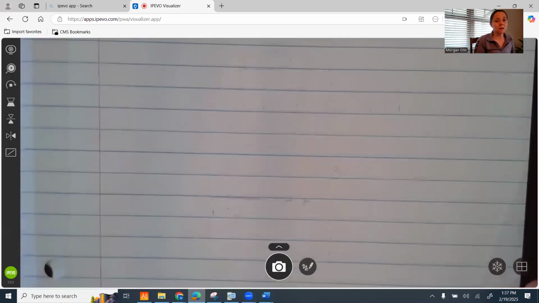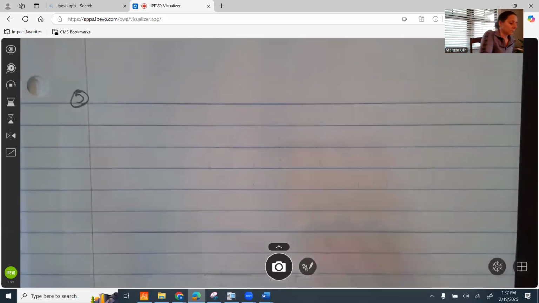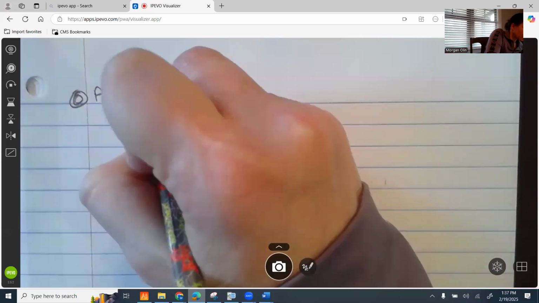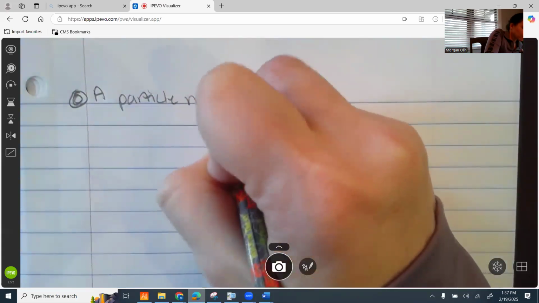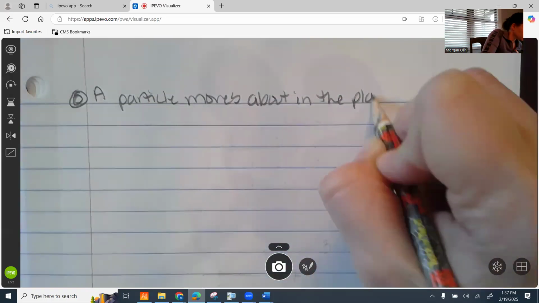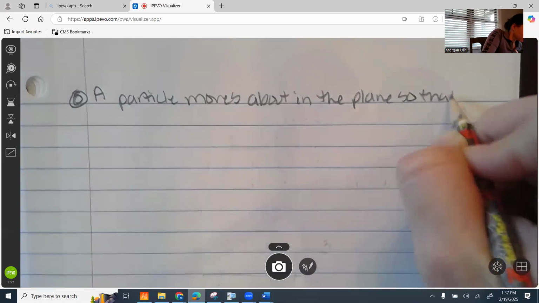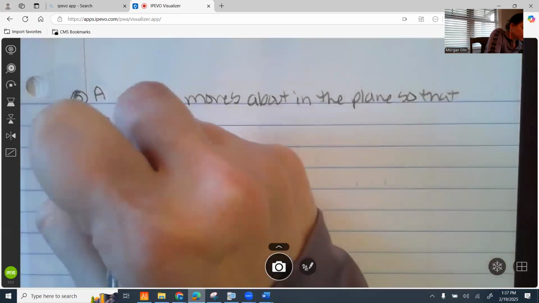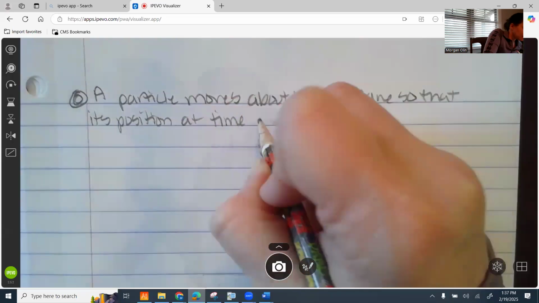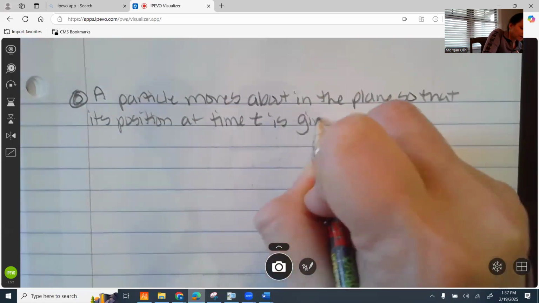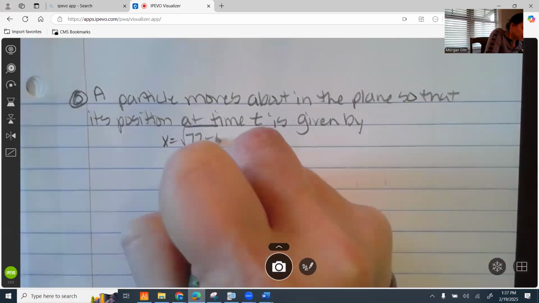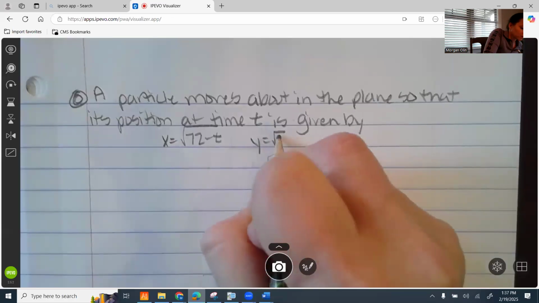Now, let's look at number 6. This is going to be our last one. A particle moves about in the plane so that its position at time t is given by x equals square root of 72 minus t, and y equals the square root of t.